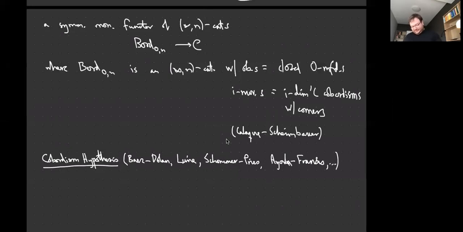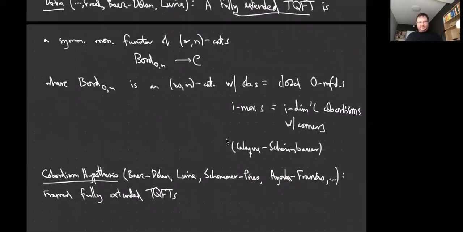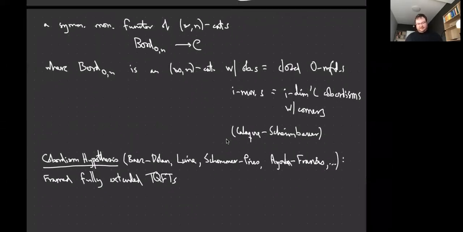There's probably a lot of other names I could put here, but what this says is that if I look at framed fully extended TQFTs, so in the definition of the bordism category, I now require everything to have framing. So appropriate trivializations of the tangent bundle plus some trivial bundle.